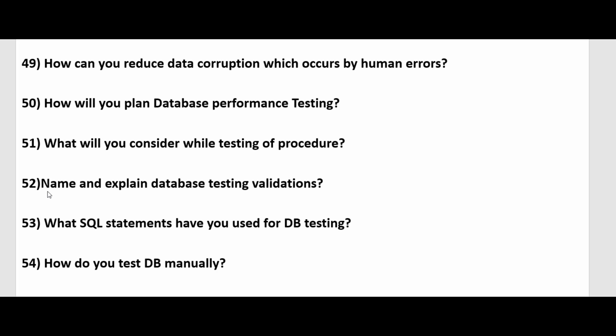ACID properties validation: atomicity, consistency, isolation, durability. Atomicity means that a transaction either fails or passes. There is nothing in between. If a transaction has multiple steps and any part of the transaction fails, it means that the entire transaction has failed. Consistency: a transaction either creates a new valid state of data or rolls back to the original state if any failure occurs.